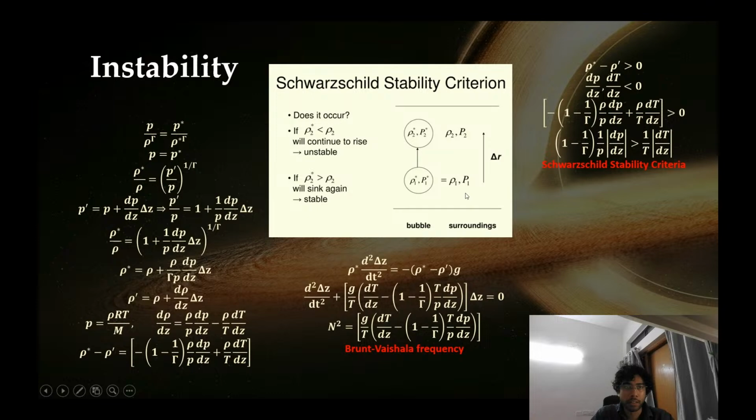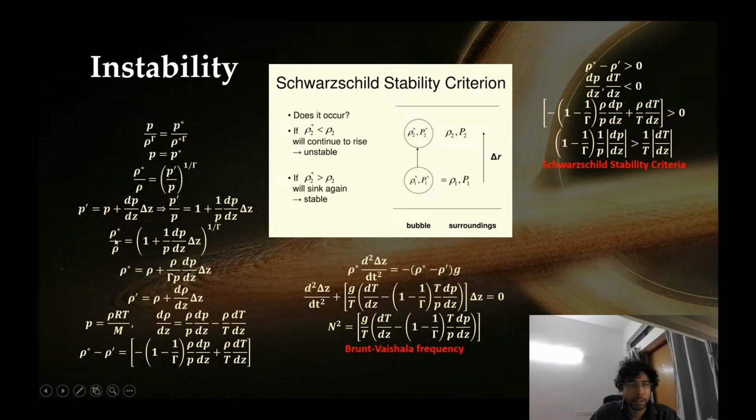These are the density and pressure of the surroundings, whereas the density of the bubble is rho star and P star at this point. So P prime equals this. This is just a simple Taylor series expansion, P plus dP/dz delta z, and dividing both sides by P, we get this.